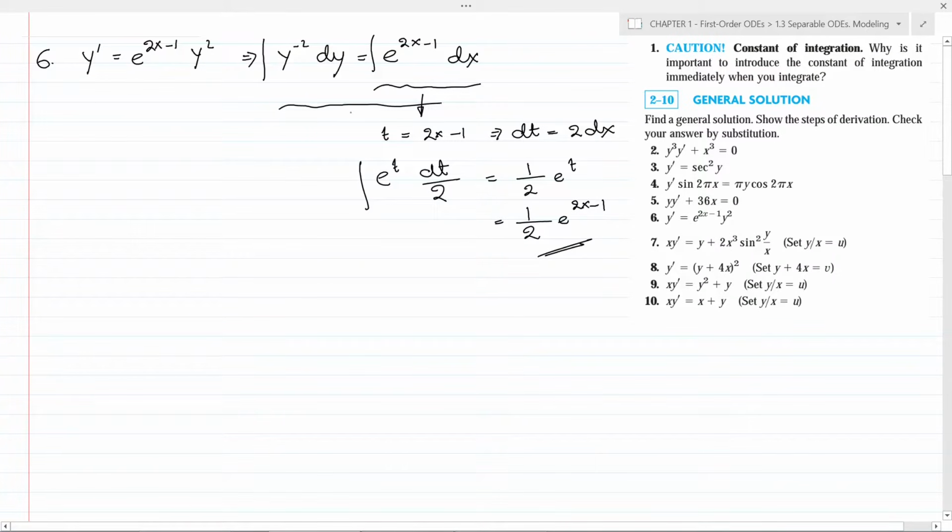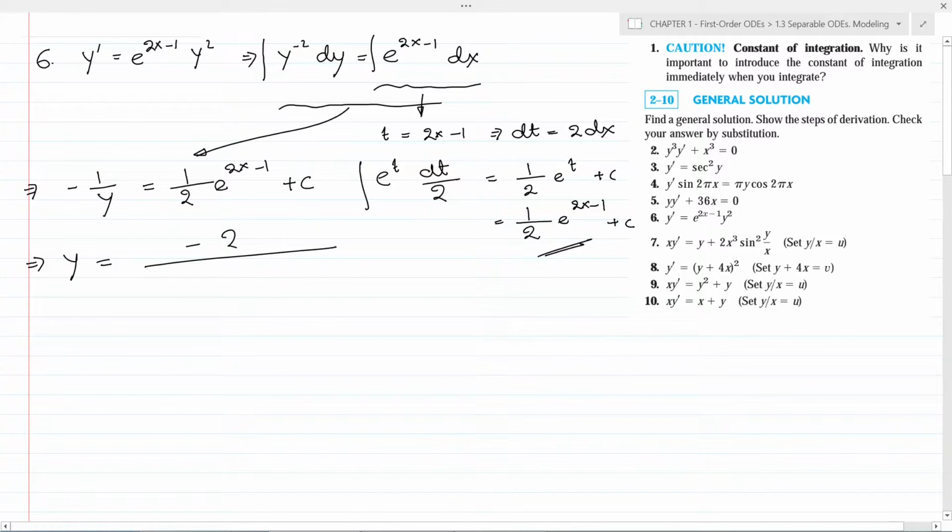So if we integrate the left hand side expression, we get minus 1 by y, and the right hand side we get half e to the power 2x minus 1 plus the constant of integration. Here we should add the constant of integration, which implies y is equal to minus 2 divided by e to the power 2x minus 1 plus 2c, and this is the answer.